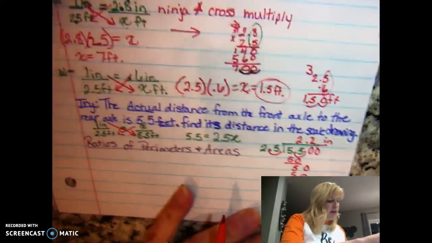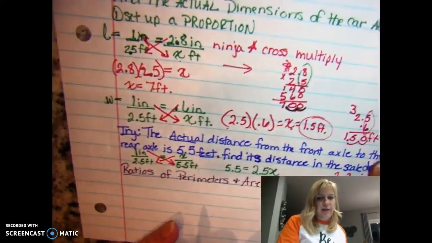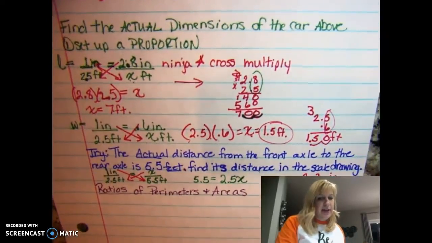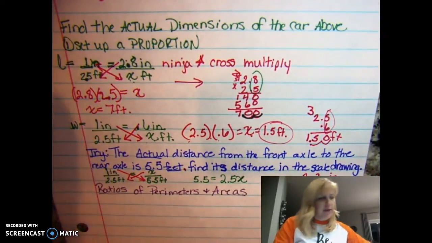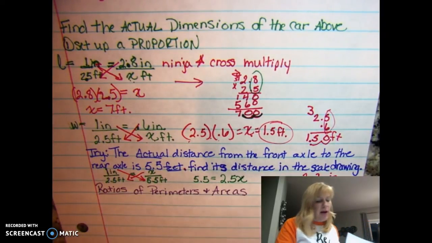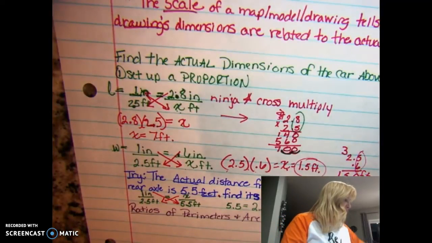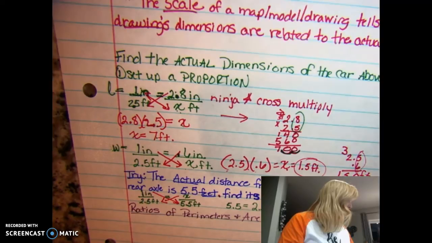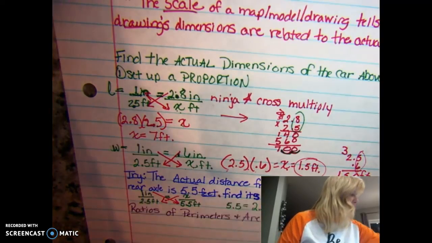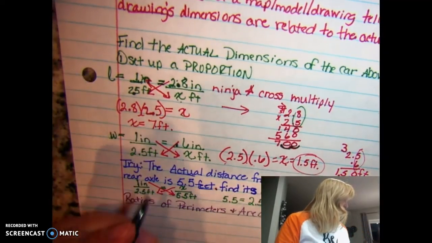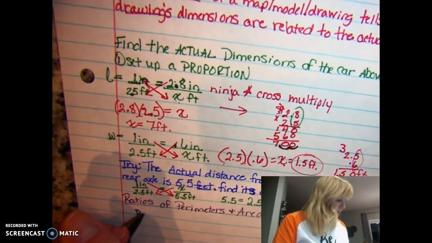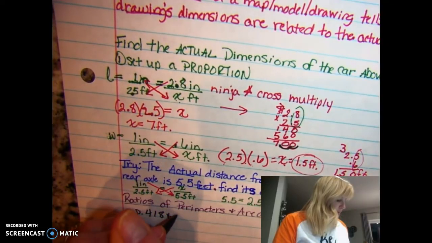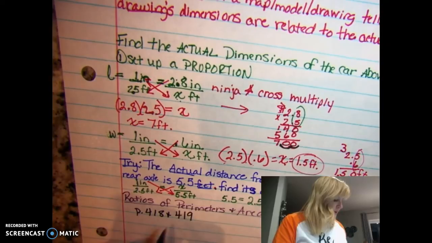The last thing I want to go through is the ratios of perimeters and areas. Sometimes this gets confusing for kids, and I'm going to actually pull out my math book, and I want to show you. I'll give the page number should you want to look back, but it's better if you can actually see the drawings. This is on page 418 and 419.